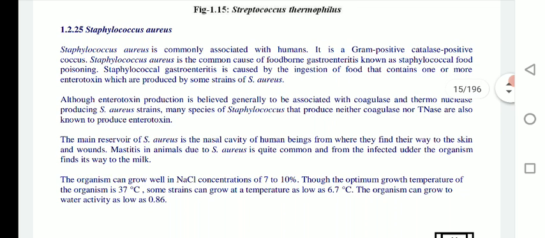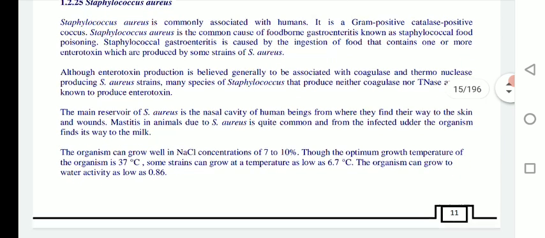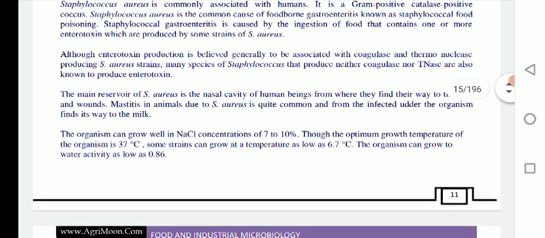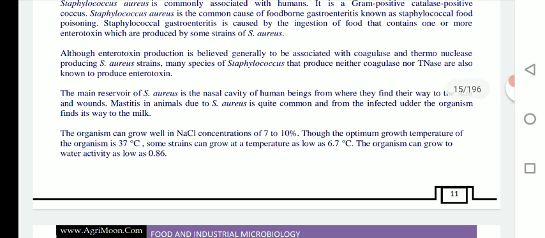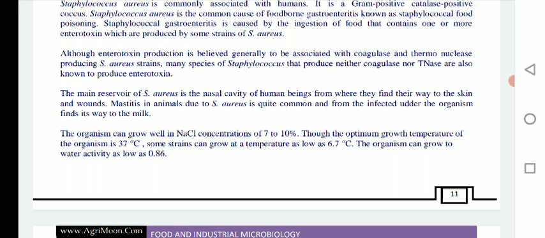Although enterotoxin production is generally believed to be associated with coagulase and thermonuclease producing staphylococcus strains, many species of staphylococcus that produce neither coagulase nor thermonuclease are also known to produce enterotoxin. So many strains of Staphylococcus aureus produce this enterotoxin and cause gastroenteritis in a person who consumes food contaminated with this bacteria.